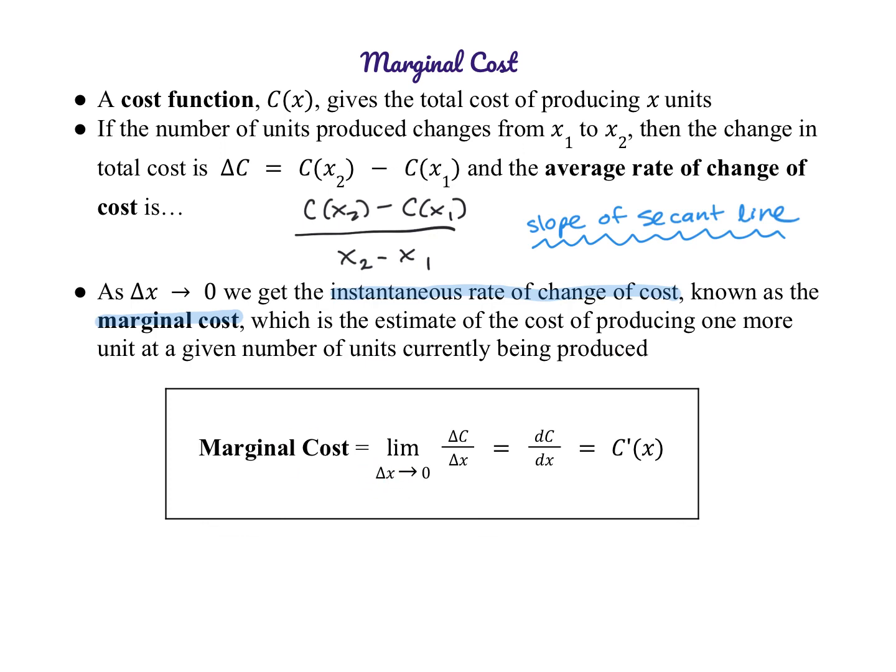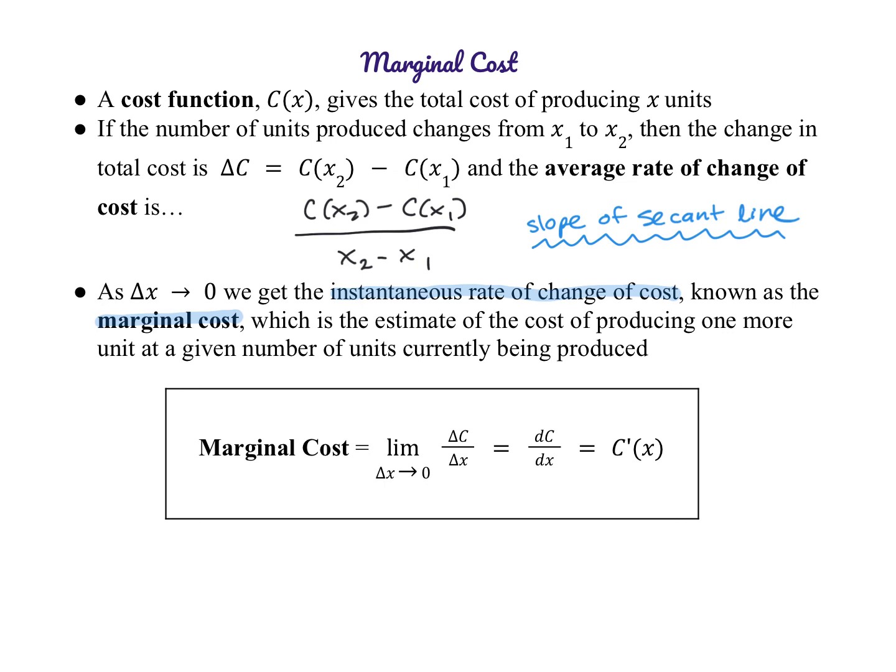So again, this is what happens as delta x approaches 0. So we do our limit definition of our derivative essentially. So here's the change in y values over the change in x values, and it's the limit as delta x approaches 0, which is really just the first derivative of our cost function. So the first derivative of our cost function tells us the marginal cost, which would give us a really good estimate of the cost of producing just one more item.